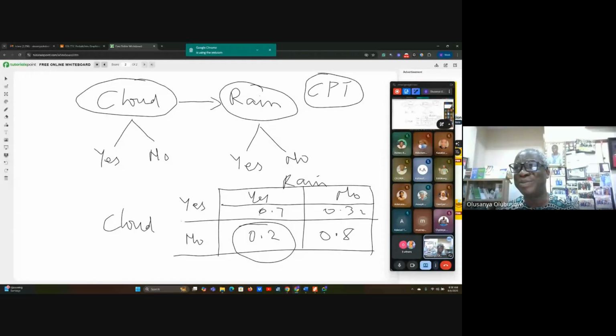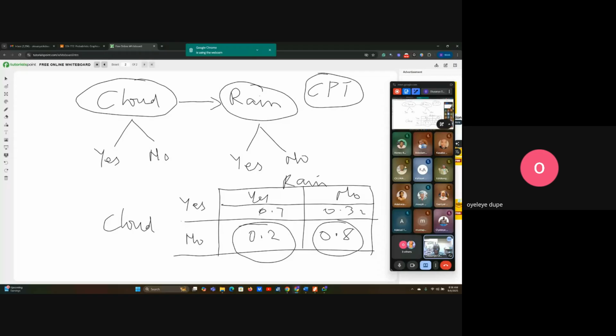You have to leave your linguistic stuff to become truly computational, and you are now able to quantify whatever statement you are making. Who is going to help us with this? Yes, Oyelaya. Good morning, sir. Good morning. So for the last one, if there is no cloud, there is 80% chance that there will be no rain.